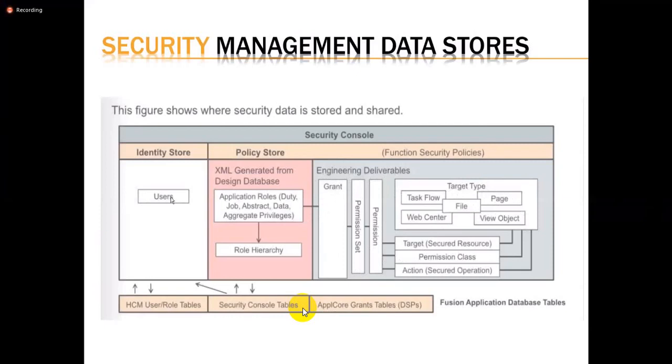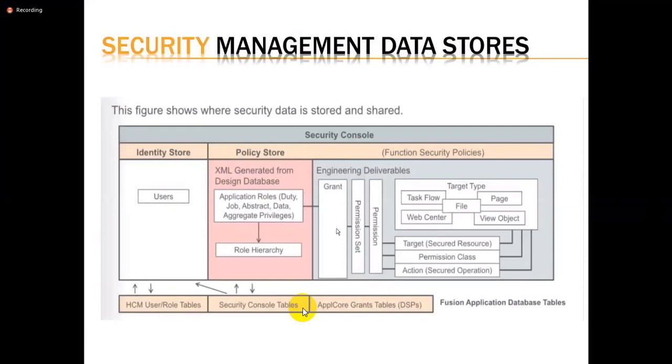So anything assigned to a user will be stored in the identity store, and the aggregate privileges, duty roles, and their hierarchy will be stored in the security console tables, and the real pages, the functional privileges and functional policies, and data security policies will be stored in the engineering deliverable tables, that is the application core grant tables.